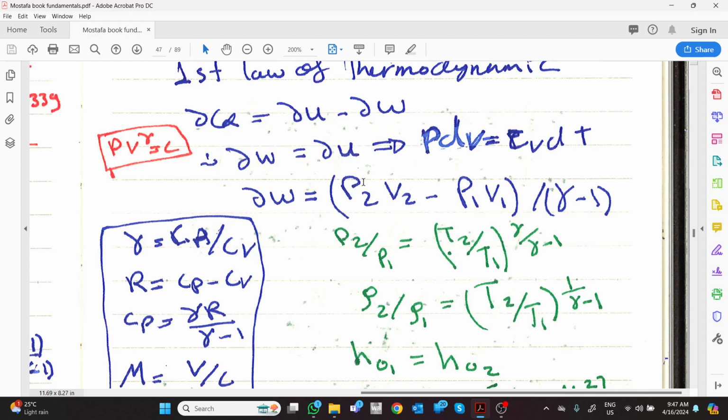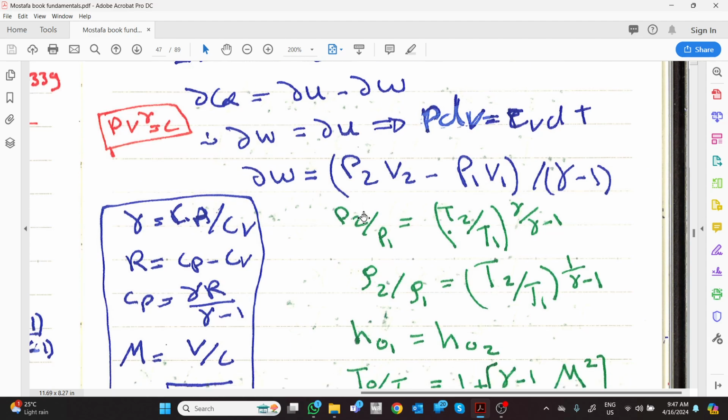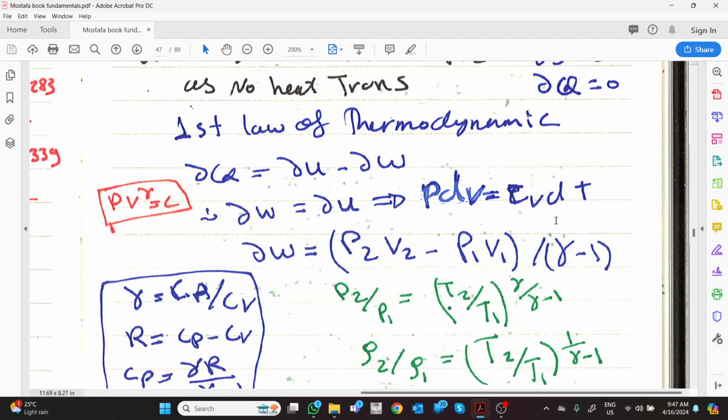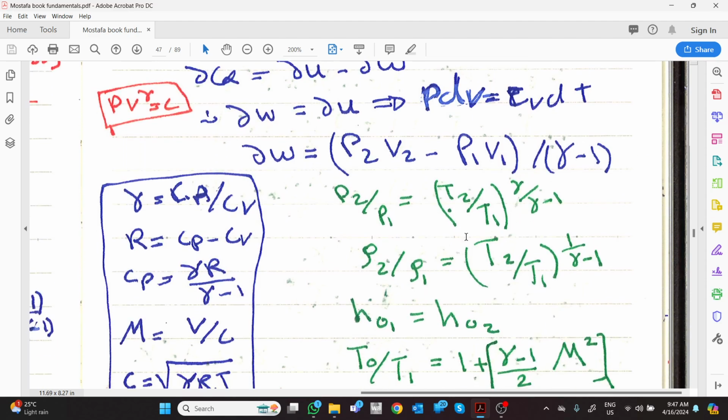And also we know that the change of enthalpy is Cp delta T, plus the change in the velocities if you have any.